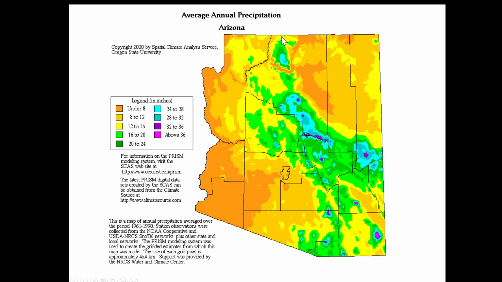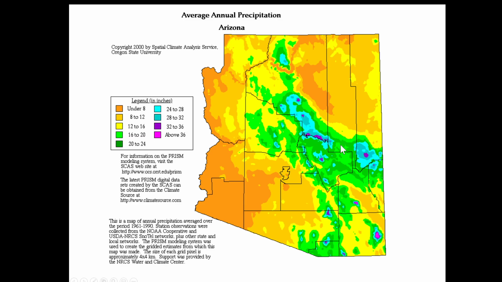Let me see if I can make this work. Here's that Colorado Plateau. Here is the Mogollon Rim. Here is the basin and range. Well, this isn't a topography map. This is a precipitation map. And what you can see is in those high elevation areas, we have more precipitation, some areas over 36 inches on some of these mountaintops.